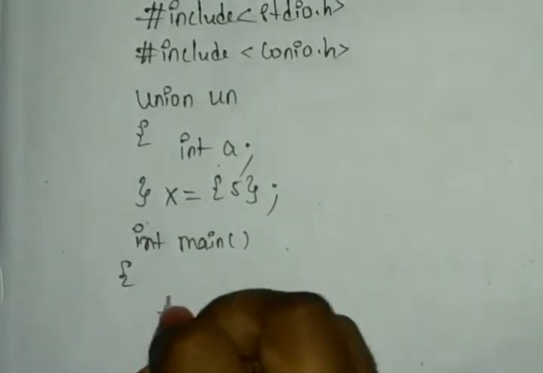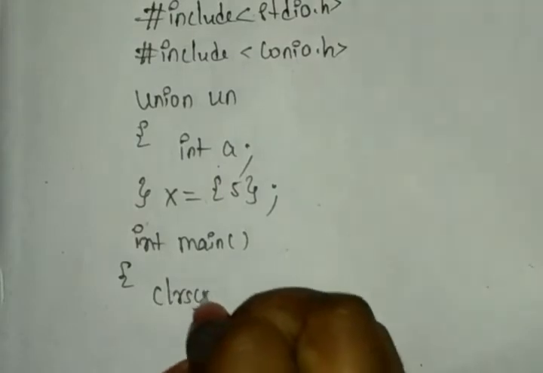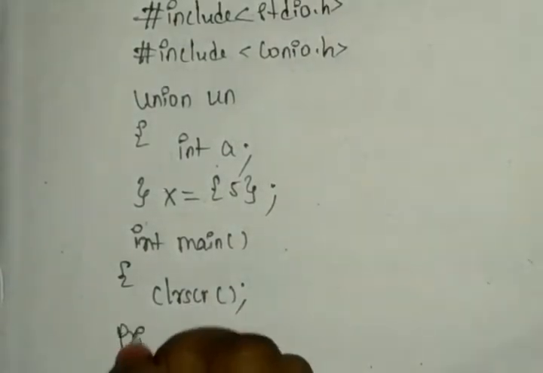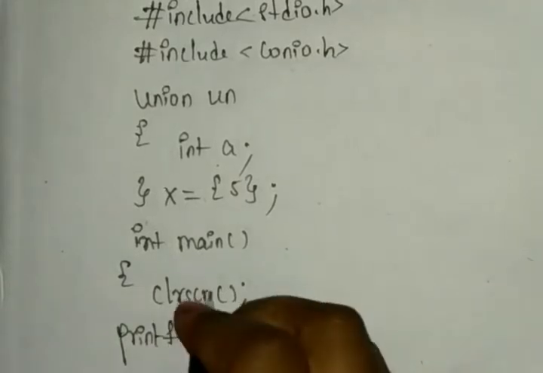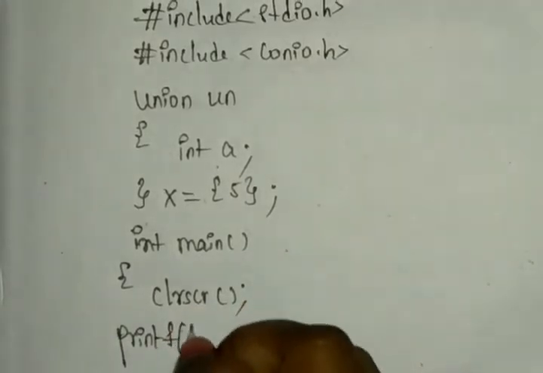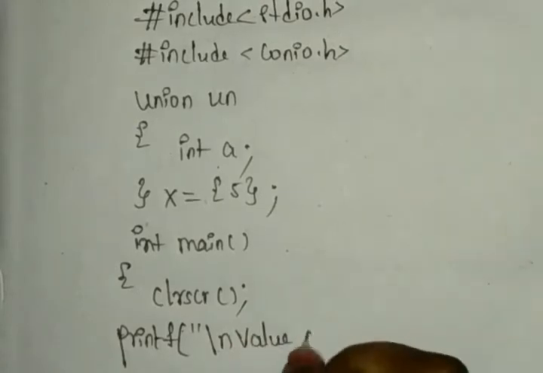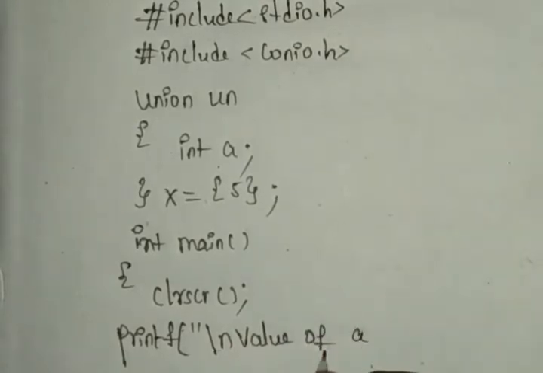In that, you can write our x, whatever x value we have. You need to print that value. x will have the value 5, right? That needs to come into our output, and you can write the value of a. We need the value of a, right?